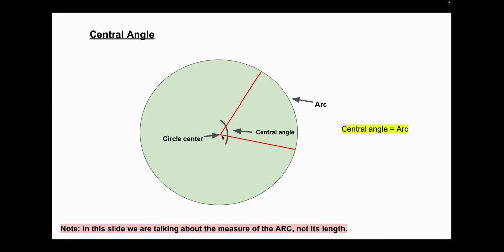This is the center of the circle, and this distance from the center all the way to any point on the circumference, this distance is called the radius. And any point on the circumference is equidistant to the center of the circle.